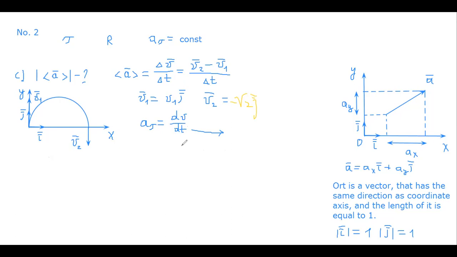So let's change this. We can write this like it is written here, dt. So are variables separated? Yes, they are separated now.